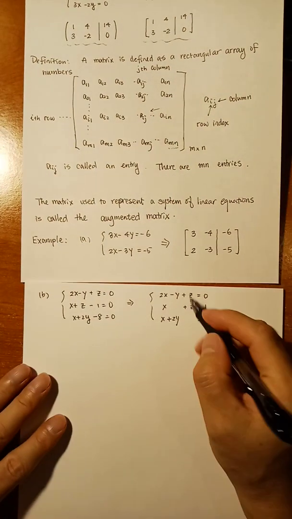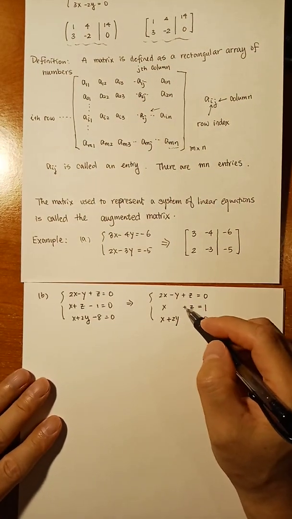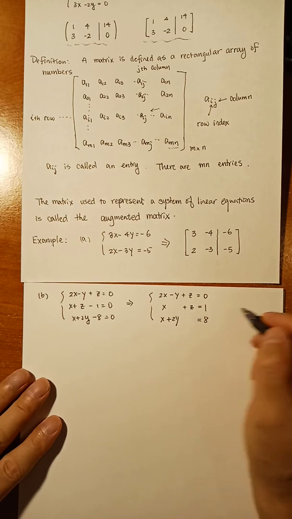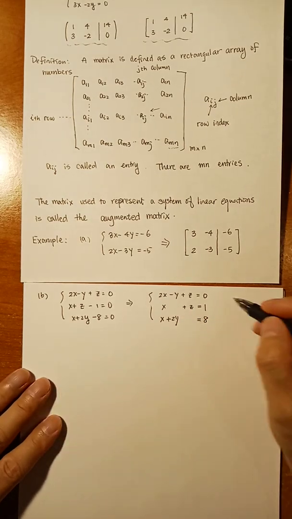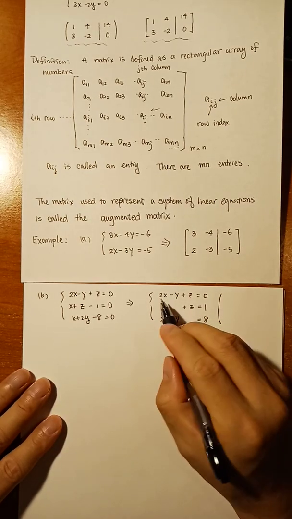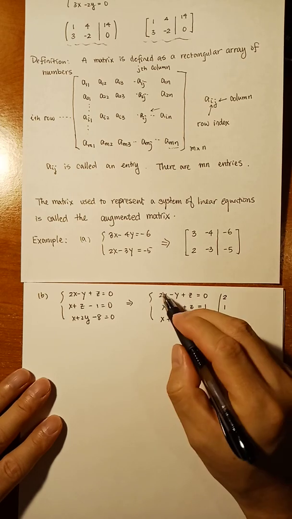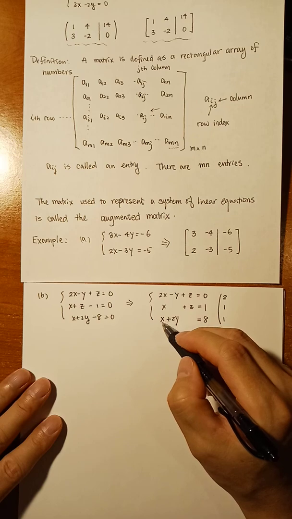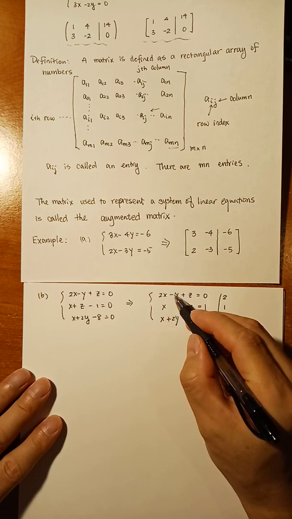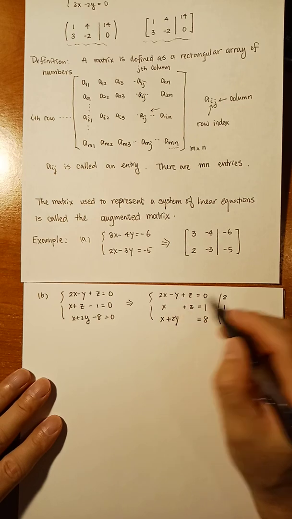And based on this equivalent form of the system of equations, we have the augmented matrix 2, 1, 1. So the column 2, 1, 1 are the coefficients of the same variable. Negative 1, here no y means the coefficient is 0.